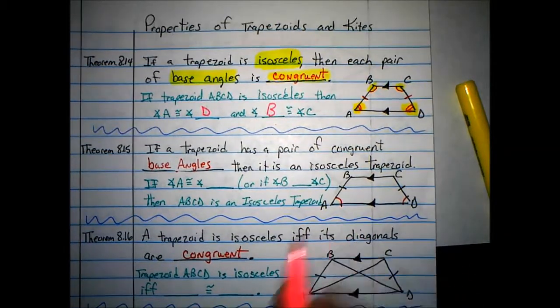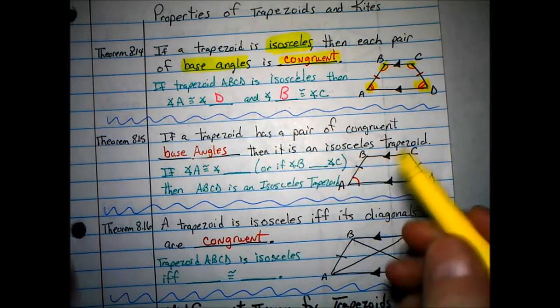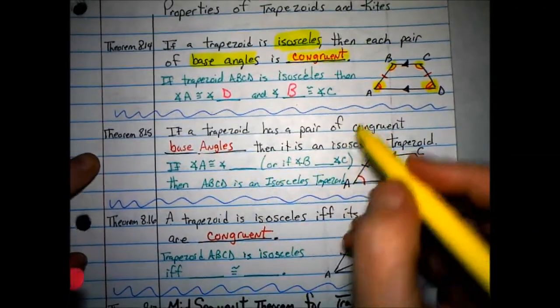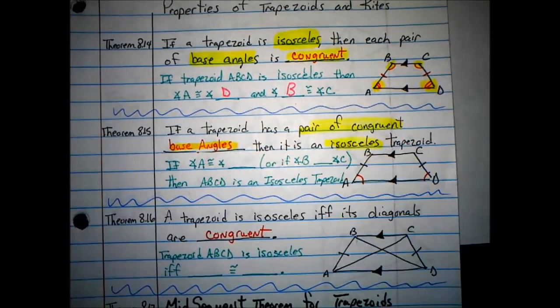Theorem 8.15 is another property of trapezoids that says that if it has a pair of congruent base angles, then it can be classified as being isosceles.